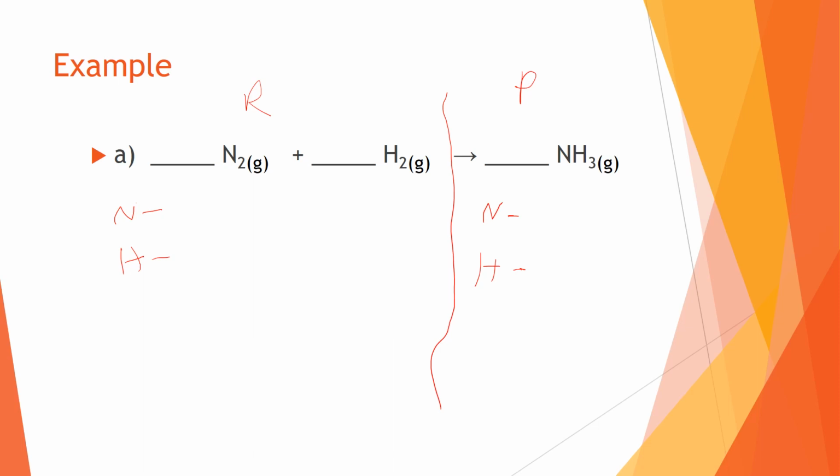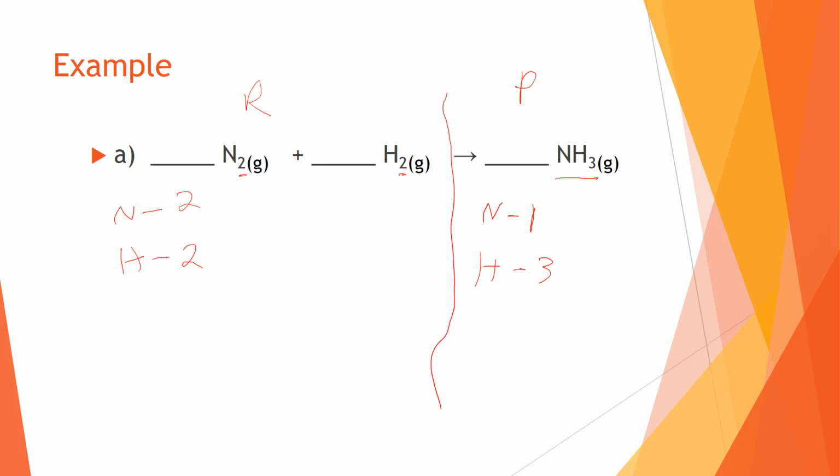So this 2 means that I have 2 of these atoms, and over here, I have 2 of these. Now on the other side, when they combine, they form this gas, and that gas only has 1 nitrogen atom in it, but it has 3 hydrogen atoms in it. So that's not balanced. I don't have the same number of atoms on each side.